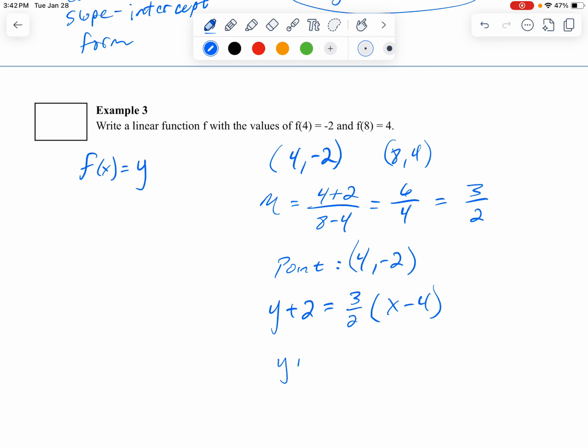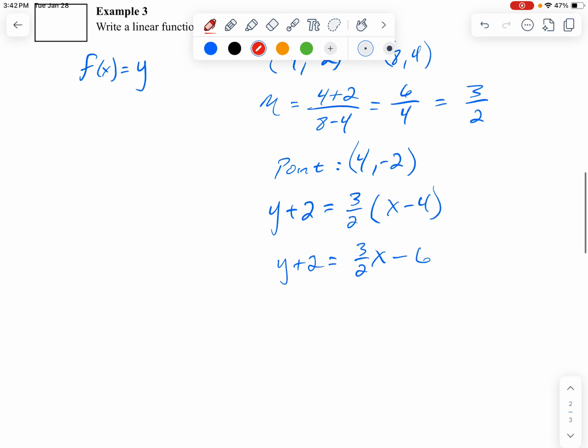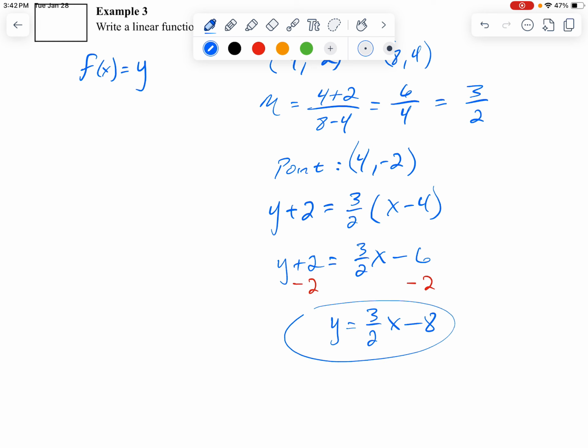Y plus 2 equals 3 halves x minus 6. And then final step, subtract 2 from both sides. Y equals 3 over 2 x minus 8.